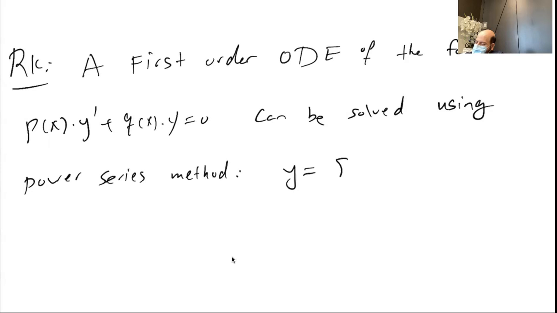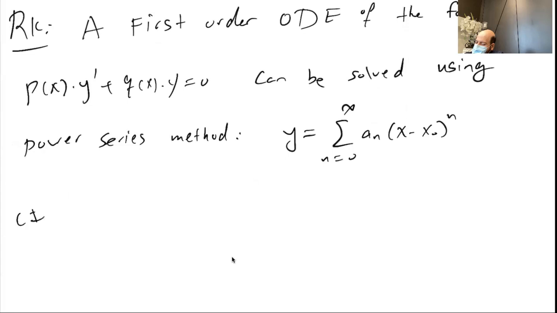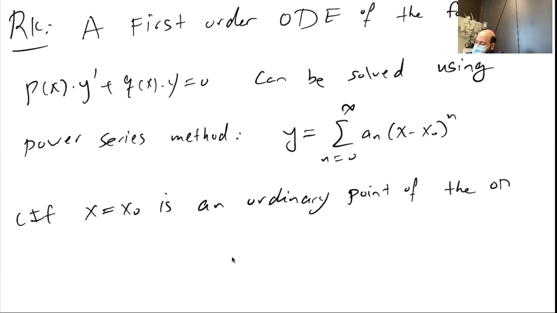This is y equals sigma an (x minus x0) to power n from 0 to infinity. Again, if x equals x naught is an ordinary point of the ODE above, meaning that P of x naught must be non-zero.